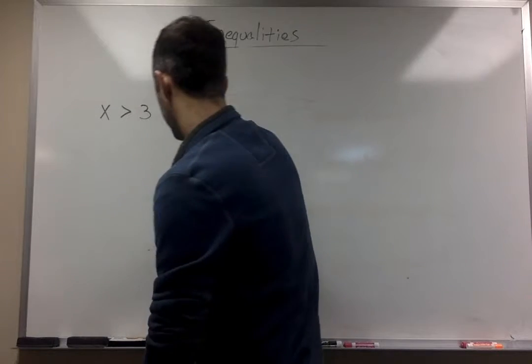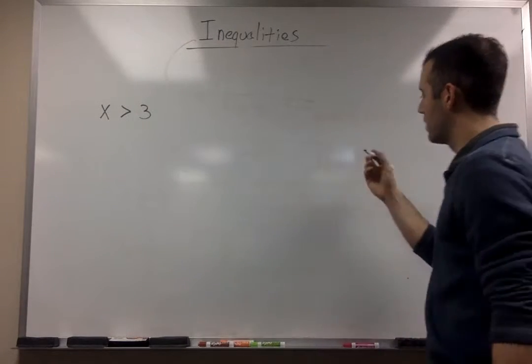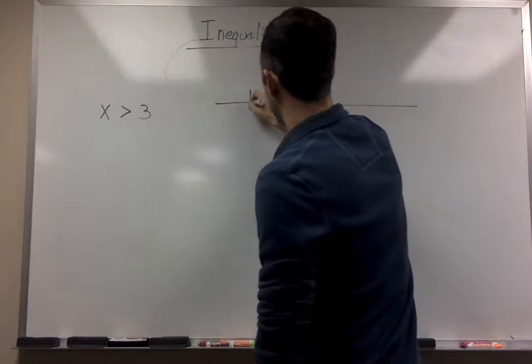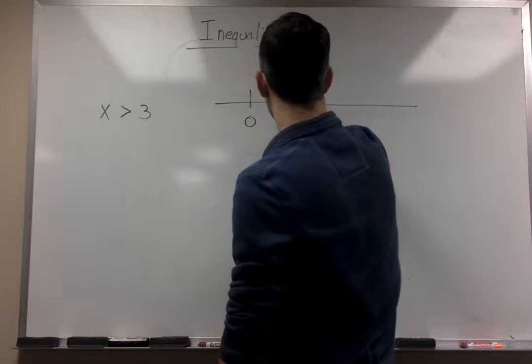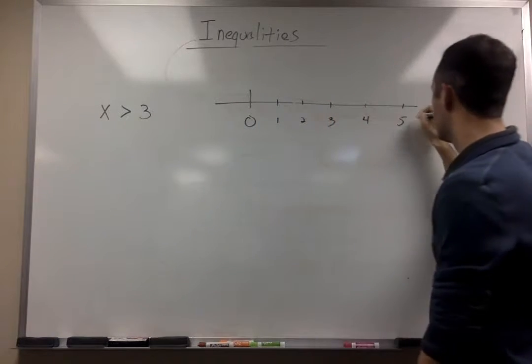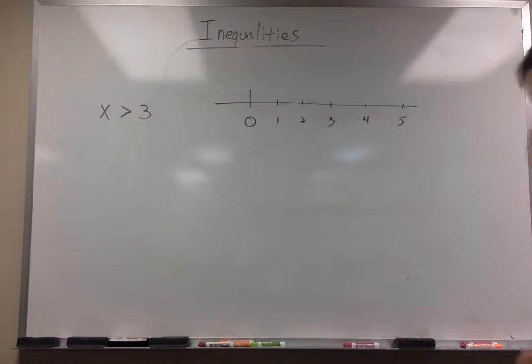Let's look at our first one. X is greater than 3. Okay? So we have a number line, right? Let's say that this is 0, this is 1, this is 2, and that is 3. Okay? So how do I graph x is greater than 3?